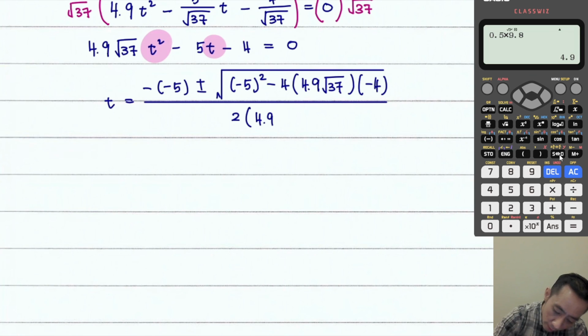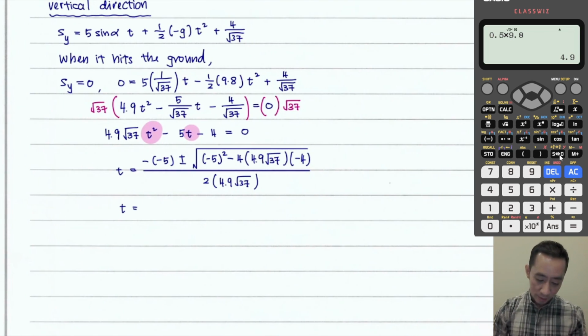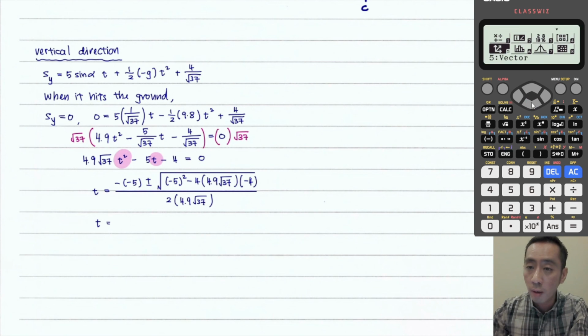So 4.9 square root of 37. How am I going to calculate this? Of course, rely on the calculator. You can just press the quadratic formula into your calculator, or you can use the special functions in your calculator. Go to the setup, so your calculator can solve equations. Polynomial, quadratic, so degree 2.